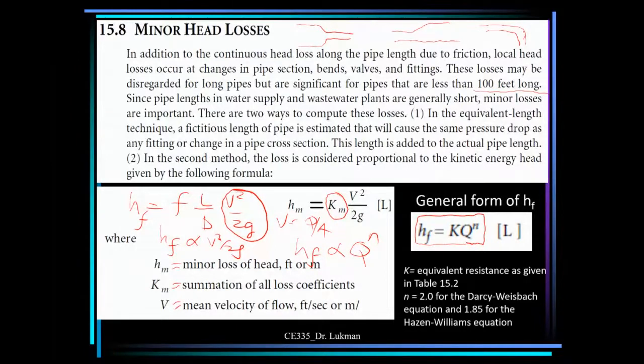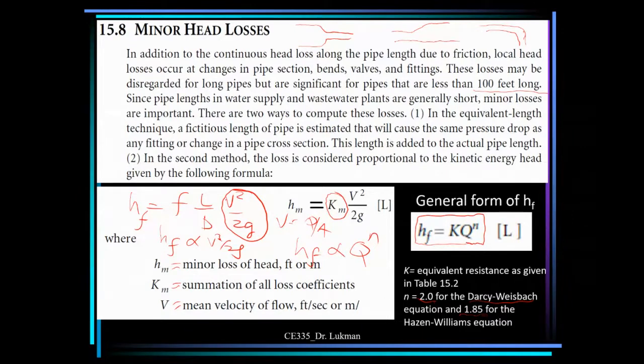So when you use the Hazen-Williams head loss formula, N is 1.85, and when you use the Darcy-Weisbach head loss formula, N is equal to 2.